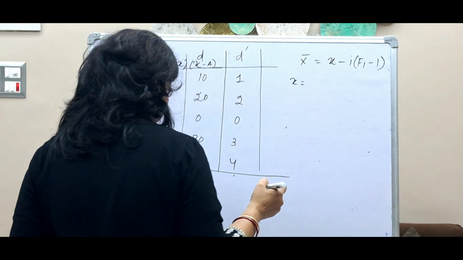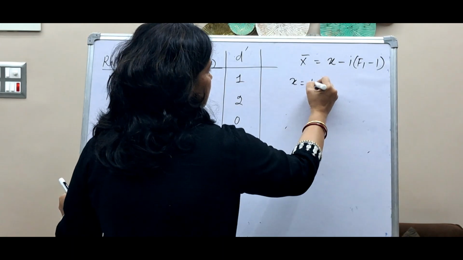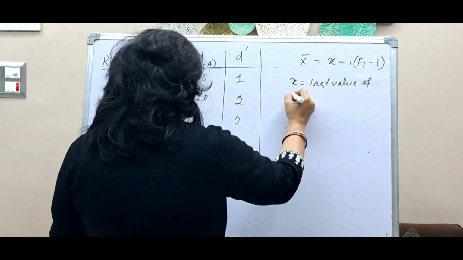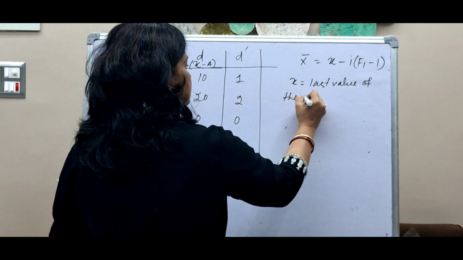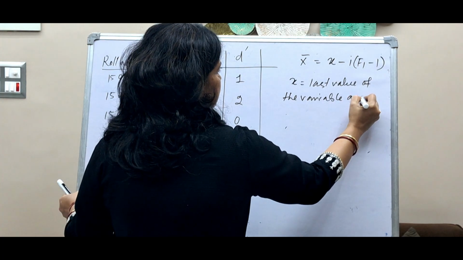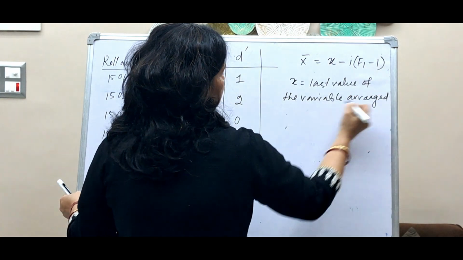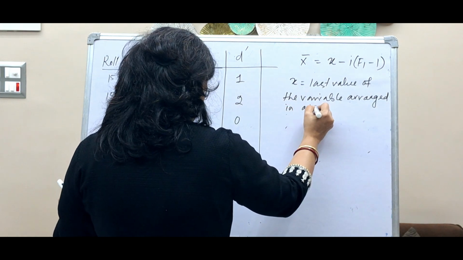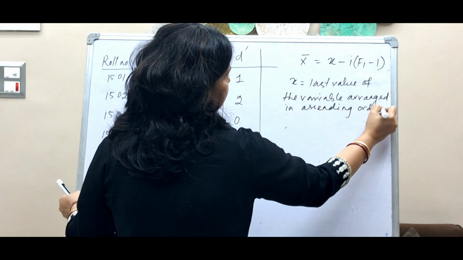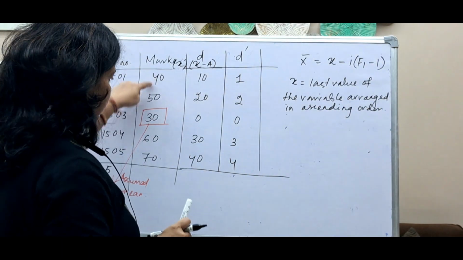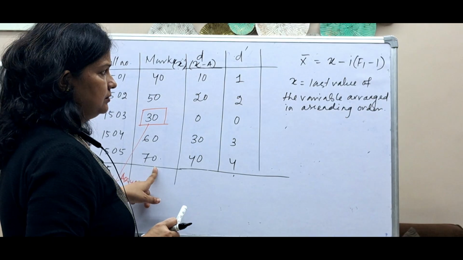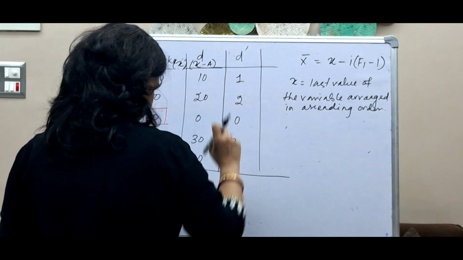X equal to the last value of the variable arranged in ascending order. When we arrange these variables in ascending order, the last value we get is called the x value.